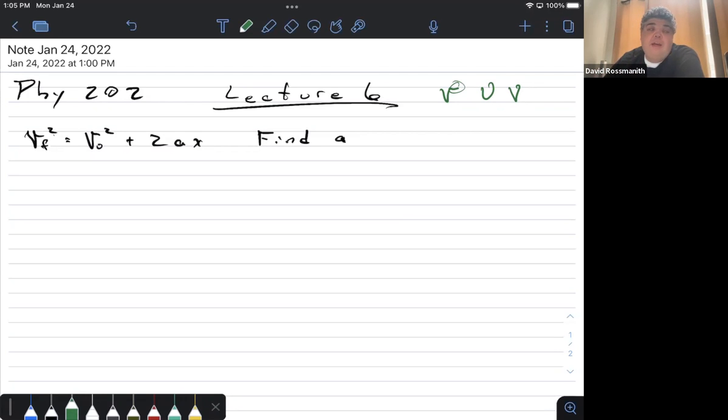I developed that as I was growing older in physics, and it helps me see that's a V and not a U. So for these variables, that's V with a subscript F for final velocity, and V with the subscript O for initial velocity. What this question is asking me to do is calculate A.